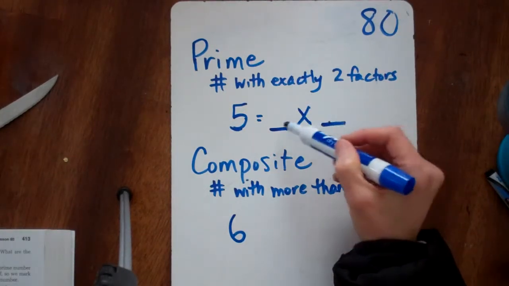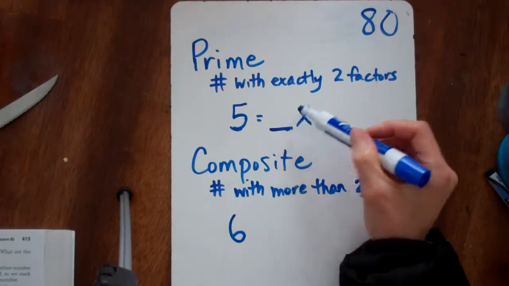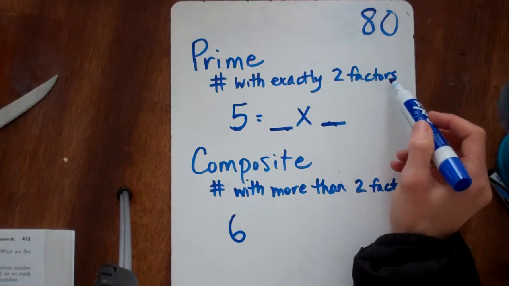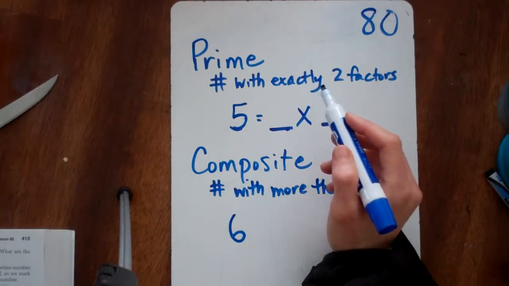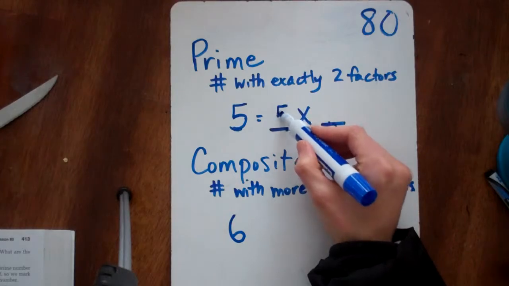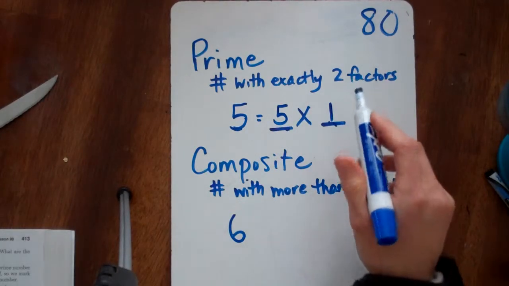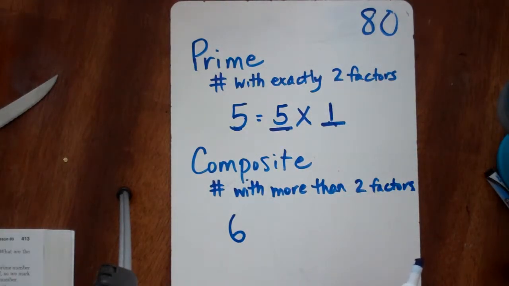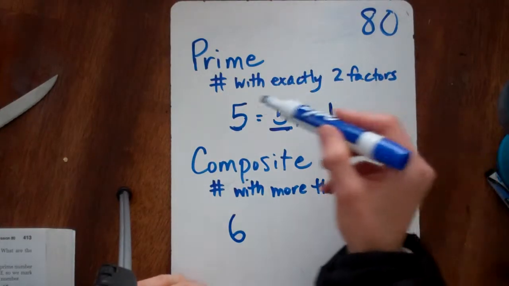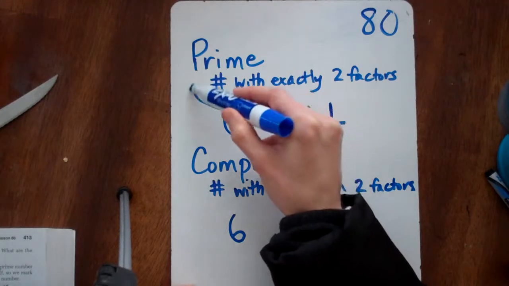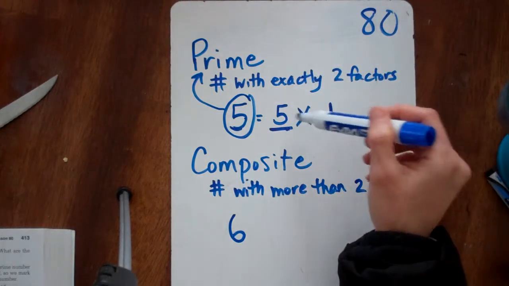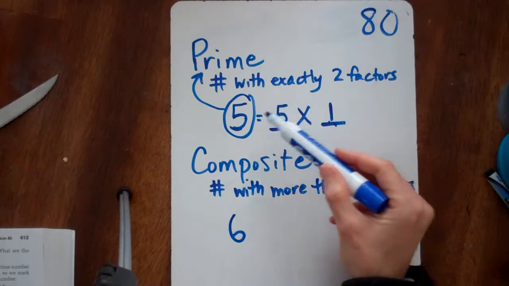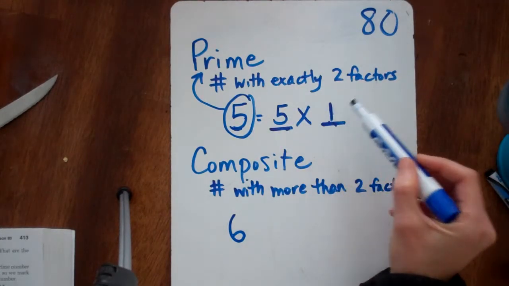These places where I have a line are called factors. That's why I'm talking about factors, okay? So, what times what equals 5? The only thing that equals 5 are the numbers 5 times 1. Okay, that is the only two factors that equal 5. Alright? And that's why 5 is considered to be a prime number, because it is a number with exactly two factors. And it's always the number itself and 1.